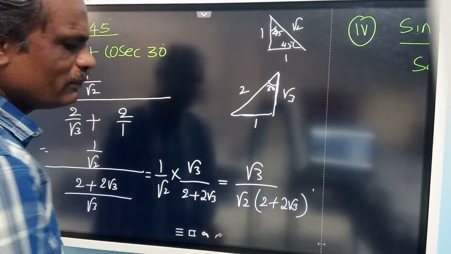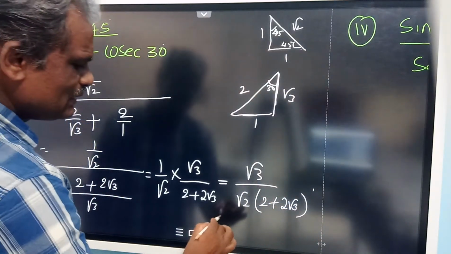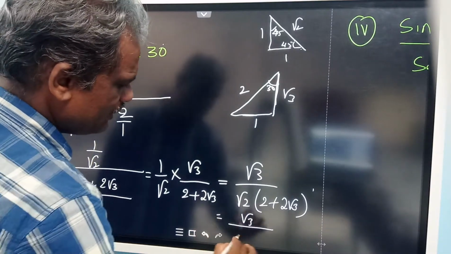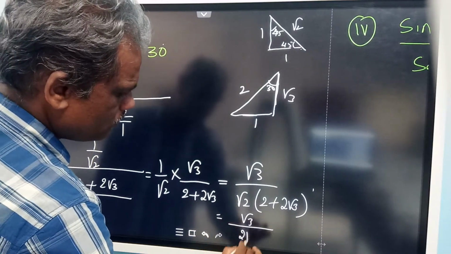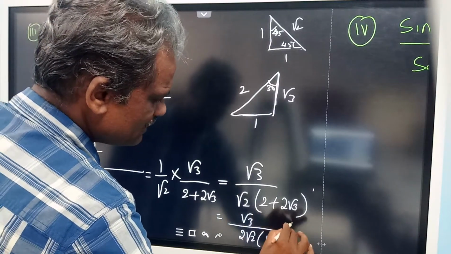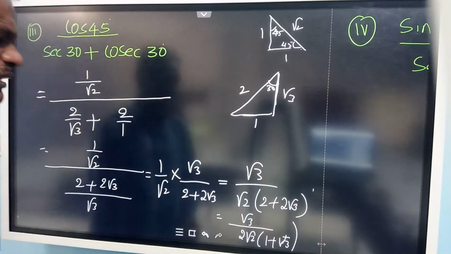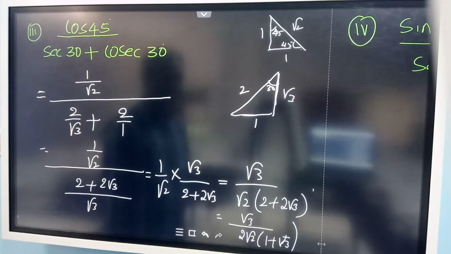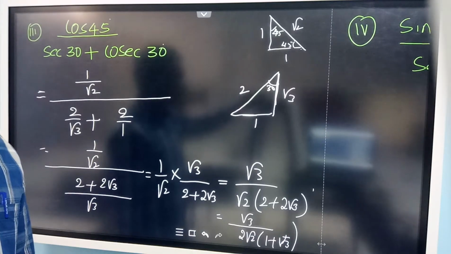You can take 2 common here. So what happens? Root 3 divided by 2 root 2, 1 plus root 3. You can simplify it further, but this is enough. You can stop here. So this is a solution.